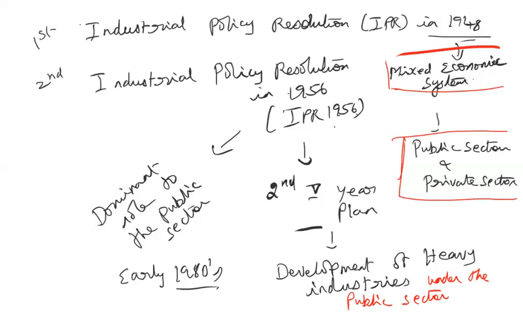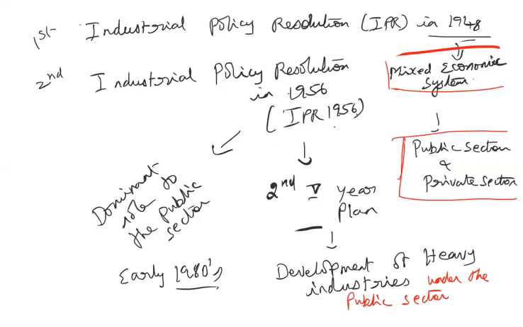Only the very minor, unstrategic areas were given to the private sector. So by the time we reached the late 1970s or 1980s, it was found out that the public sector was incurring heavy losses. They were not able to cope up with the demands of industrialization and the other activities in the country.